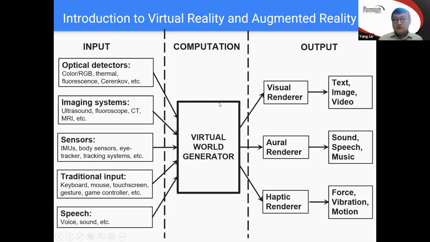The most common way is a visual renderer, where it gives you videos, images, or text. In the medical domain, we use this a lot. An audio renderer can give you sound and speech, which can also be helpful. A haptic renderer can also be useful in the sense that it can give you feedback for force, vibration, and motion. This could be very helpful for simulations, robotics, and other types of AR and VR applications.